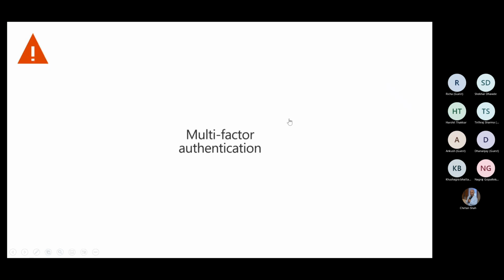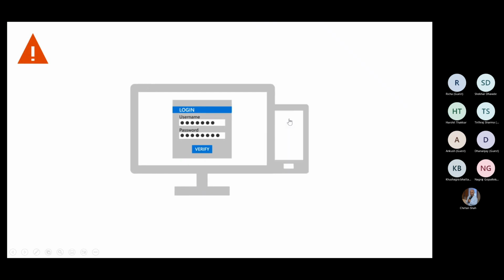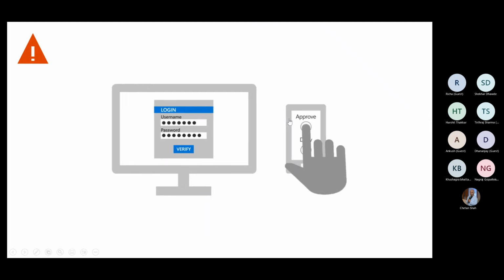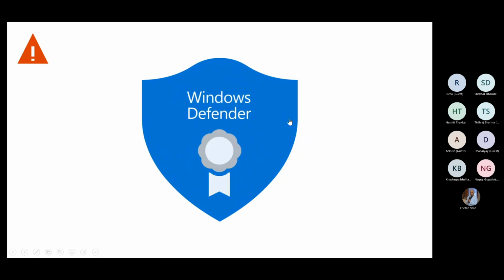Use multi-factor authentication to make your sign-in more secure. For example, you can use an app on your phone to make sure the you signing in is actually you. Protect your Windows 10 devices and files from malware and ransomware by using Windows Defender, recently ranked best in class antivirus software.